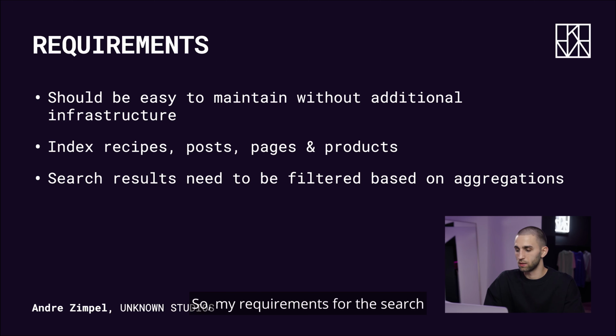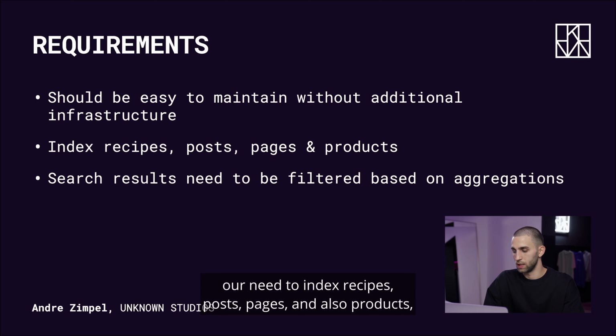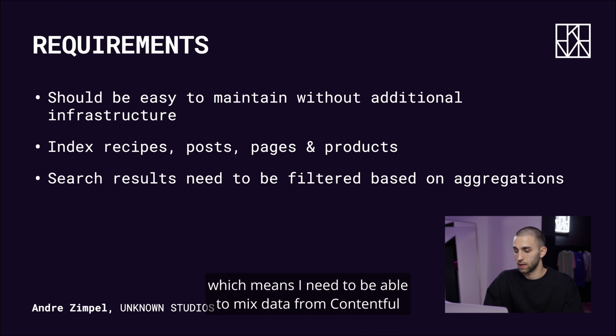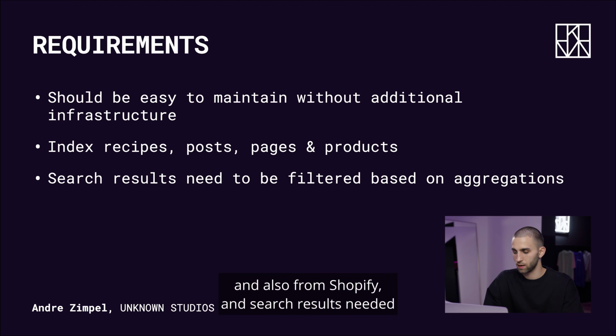So my requirements for the search have been quite easy. It should be easy to maintain without any additional infrastructure. I need to index recipes, posts, pages, and also products, which means I need to be able to mix data from Contentful and also from Shopify.